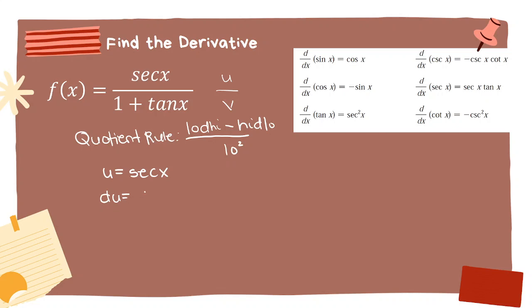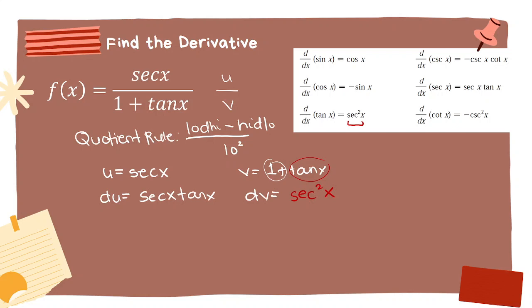Secant x at saka tangent x. For the v, which is our 1 plus tan x, anong derivative niyan? Anong derivative ng 1? 0 lang din naman. Anong derivative ng tan x? Sec squared x. So, ang dv ay sec squared x.